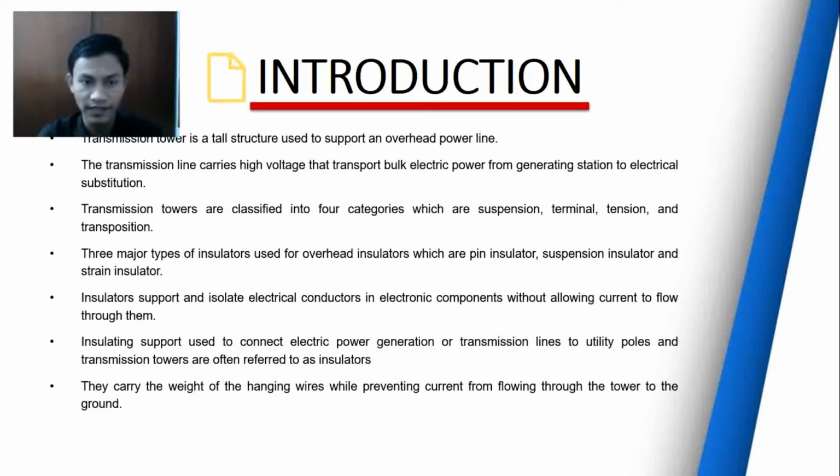Next, the insulator is connected to the power generator or transmission line to utility poles and transmission towers. The last point is that they carry the weight of the hanging wires while preventing current from flowing through the tower to the ground.